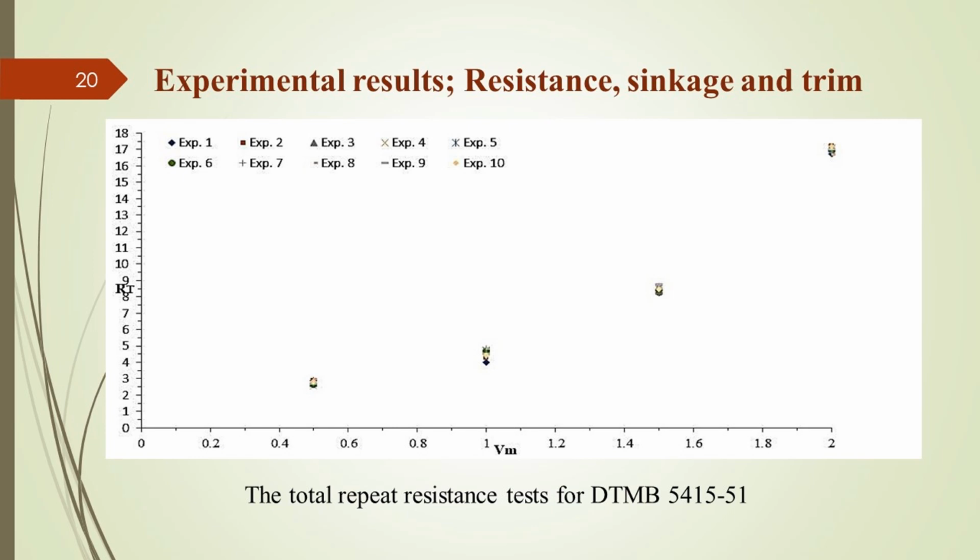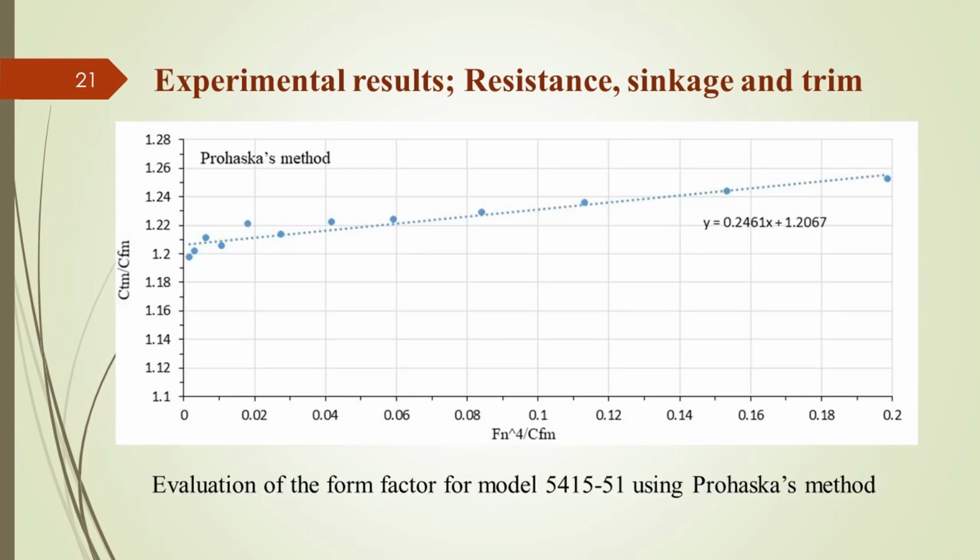We repeat some of the experiments 10 times for specific speeds at 0.5, 1, 1.5, and 2 meters per second, and use the Prohaska test to calculate 1 plus k.